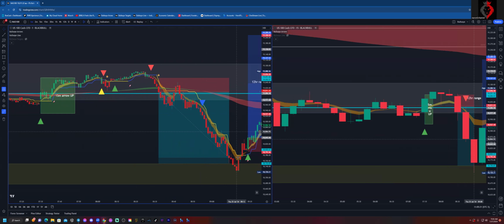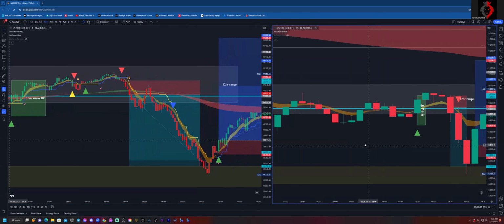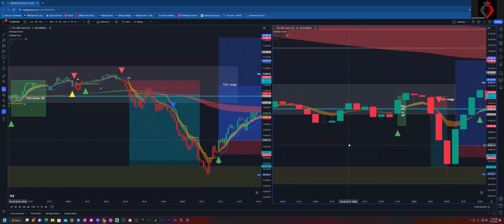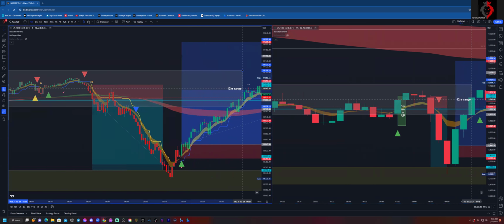So we bounce off of this level. We get a green arrow. We get a rocket ship. We take the buy, waiting for a 15-minute green candle, which happens here at 11:05. So we're just going to wait and see how price reacts to this 12-hour range.